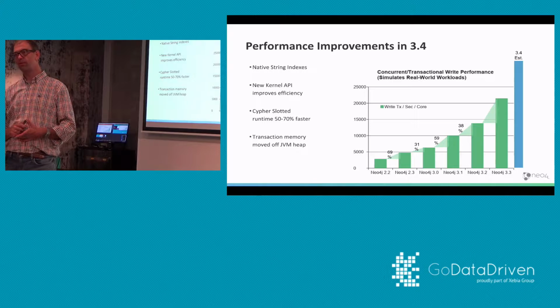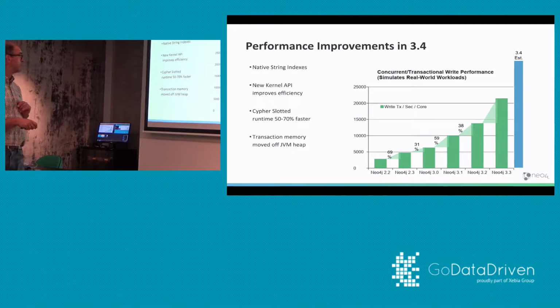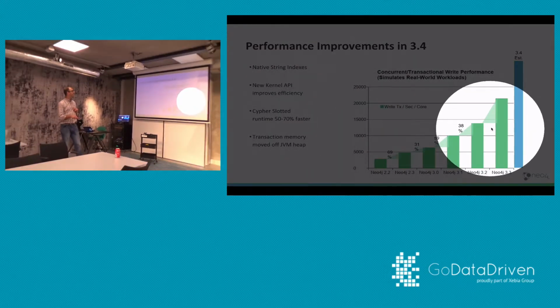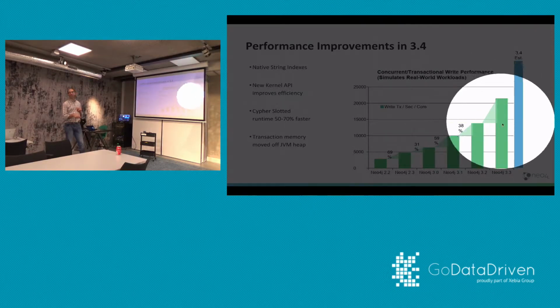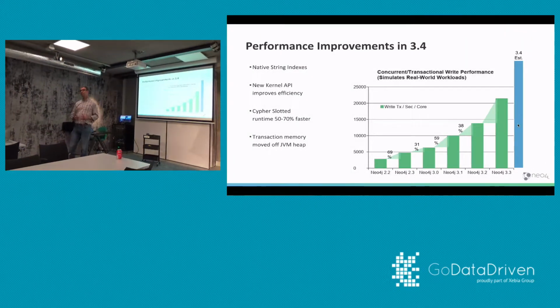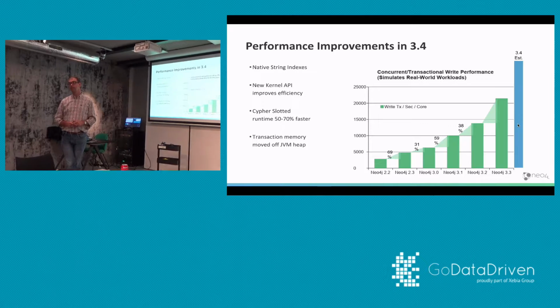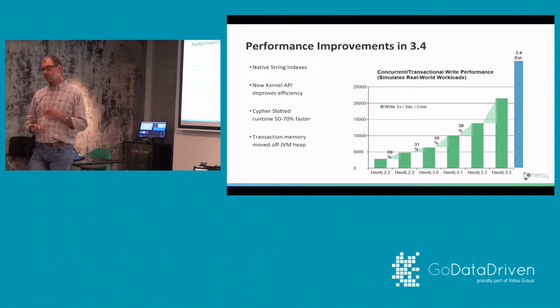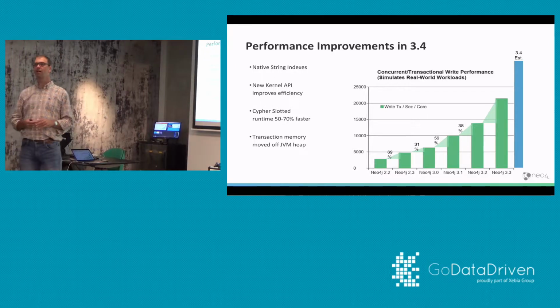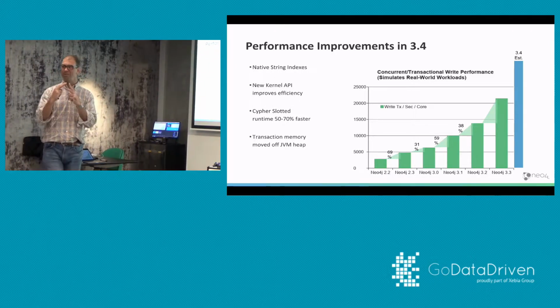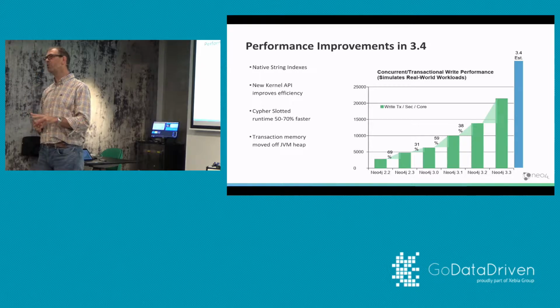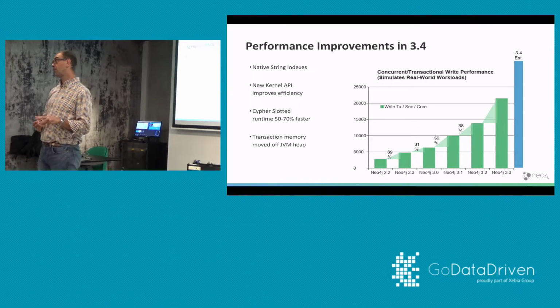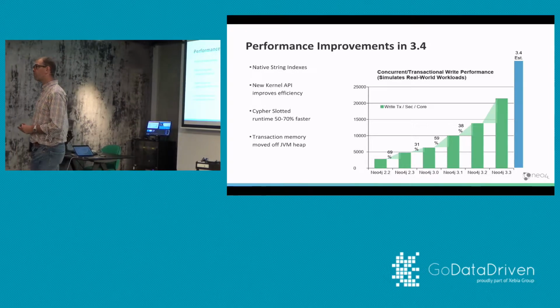Over the past couple of releases, ever since 3.2 over here, we've done a lot of work to replace Lucene with a native indexing system. It's actually not replacing, it's fusing it together. We still want to use Lucene for what it's really good at, which is indexing documents.